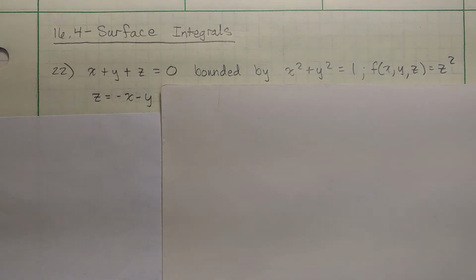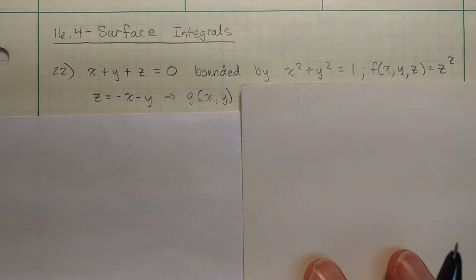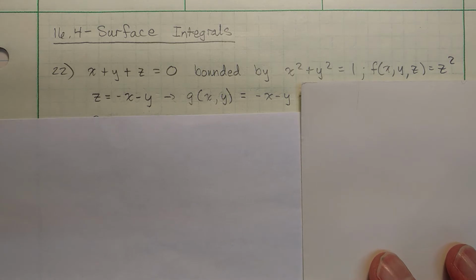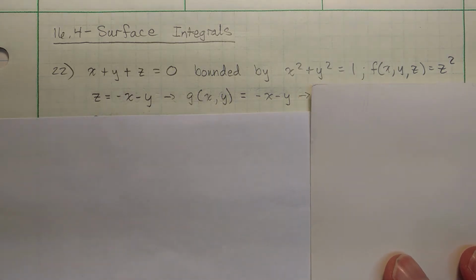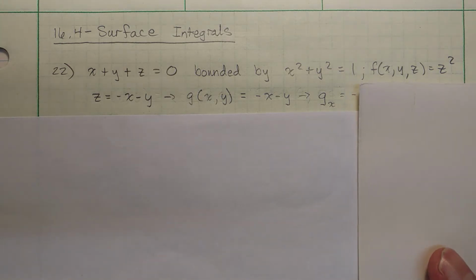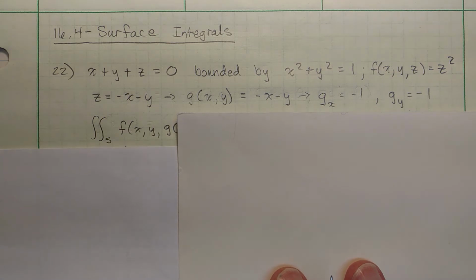So we have to solve for z so we can express it in terms of x and y. z is going to be negative x minus y. That gives us our g of x, y, so our partial with respect to x is negative 1, and our partial with respect to y is negative 1.